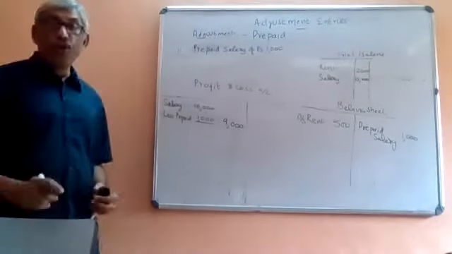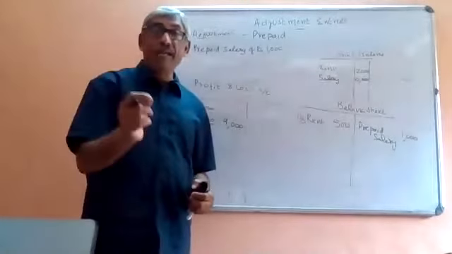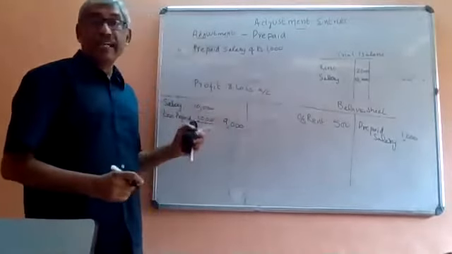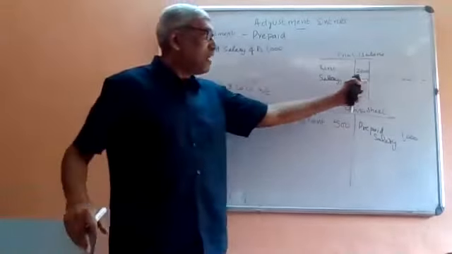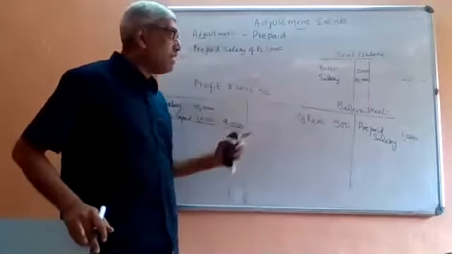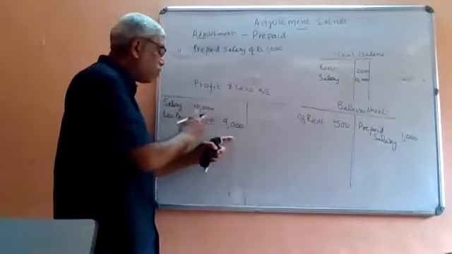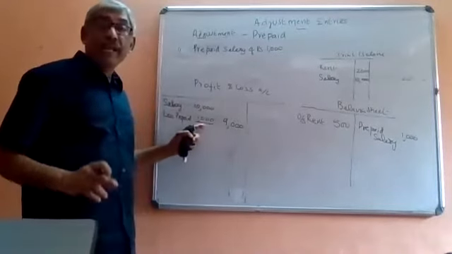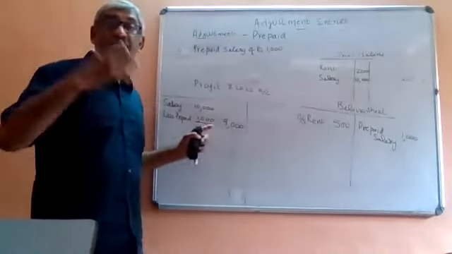So what you have to do? First you have to subtract the prepaid amount from the concerned expense. In this case the expense was salary, and there are 1,000 rupees prepaid. So first deduct 1,000 rupees from the salary. Your salary will become 10,000 minus 1,000, that is 9,000. But this 1,000 is prepaid, so that money is lying with us.